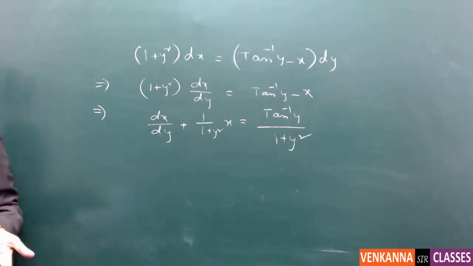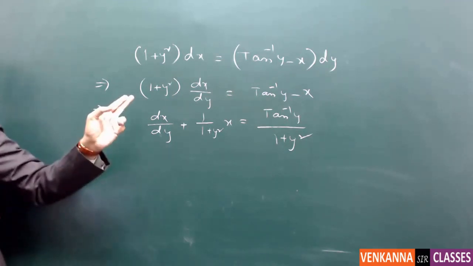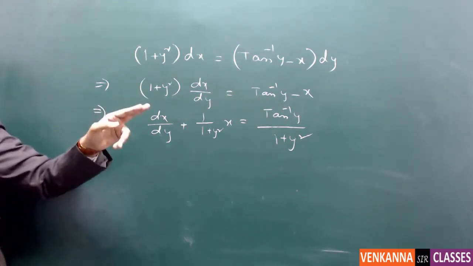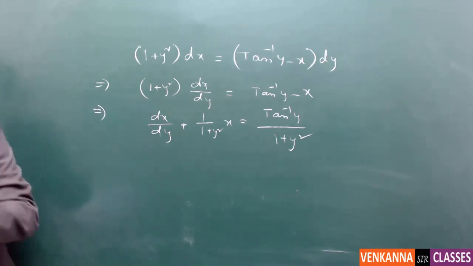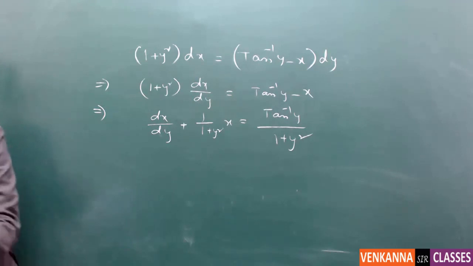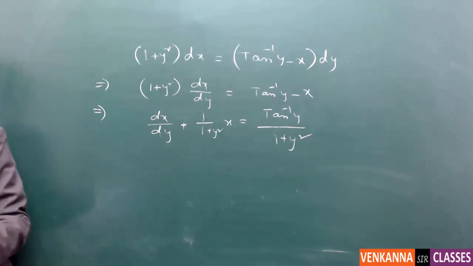So, unless you know on what type you are going to convert, either dy by dx or dx by dy, it takes 5 to 10 minutes of wasted time from the examination point of view. There you miss the whole thing, isn't it? It is just to confuse you and waste your time, that's all.